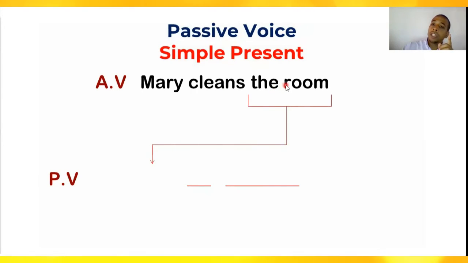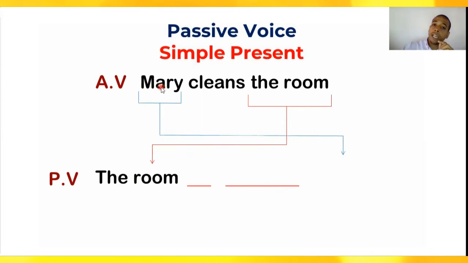And now you take the object and you move it as a subject. Now the room is your subject. The subject, which is Mary in this case, is going to be at the end of the sentence as the object now. The preposition by, always in here, and this space is for the verb to be.